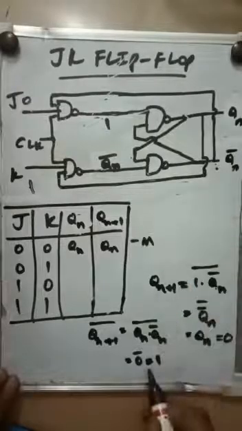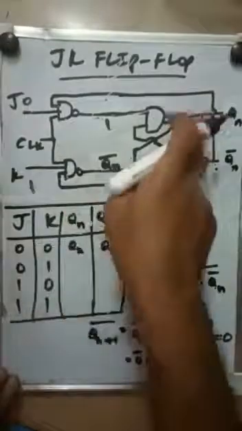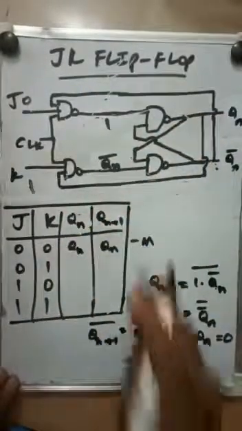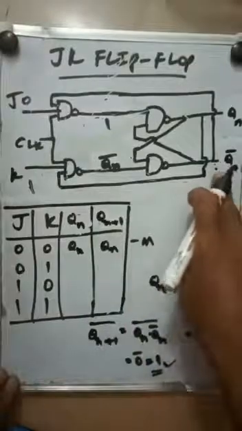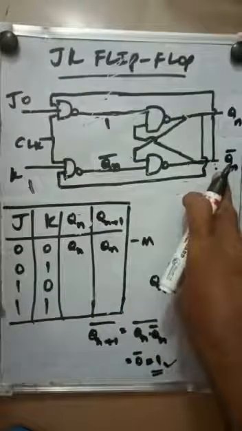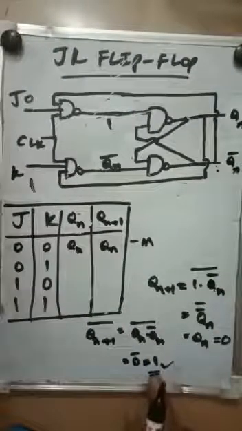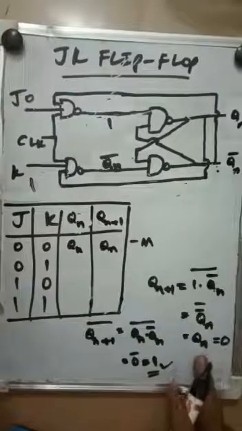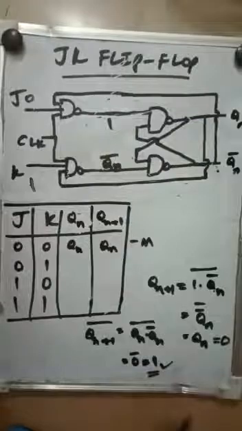Here from this calculation, qn bar whole bar is equal to 0 bar. That means 1 here. So this value is always 1. That means the complementary next state is always 1. That means qn bar is equal to 1.